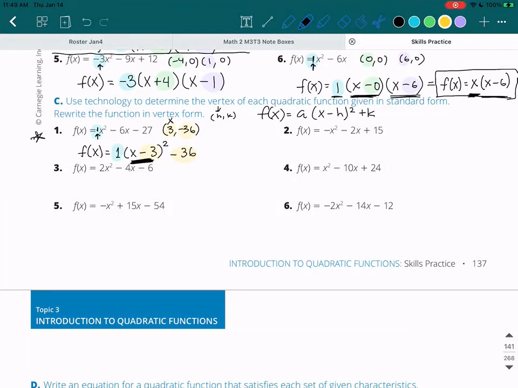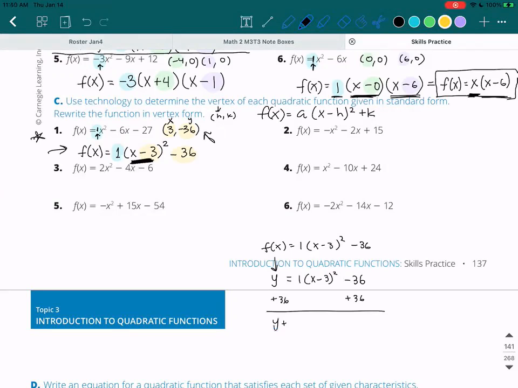So then if I were to rewrite this equation, f of x is equal to 1 times (x minus 3) squared minus 36. f of x is the same thing as y. So y is equal to 1 times (x minus 3) squared minus 36. This negative 36, that's our y value. So let me pair up the 36 with the y. I'm going to add 36 to both sides.